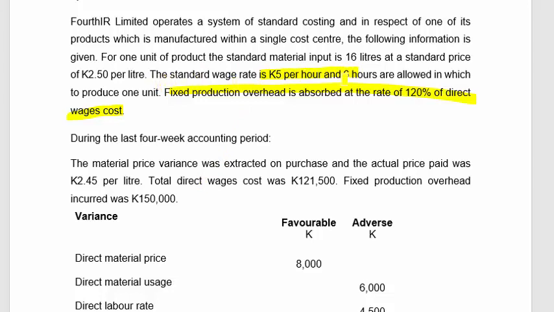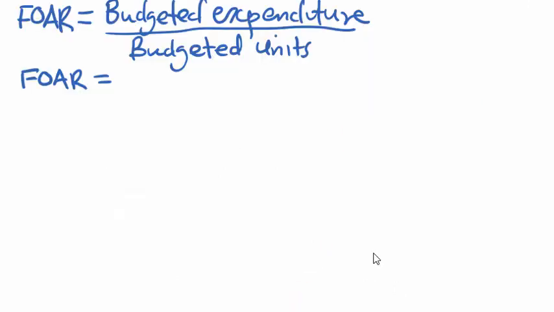So the wage cost per unit is given by 5 multiplied by 6, and then the fixed overhead absorption rate is given by 120% of that total. It would follow that the fixed overhead absorption rate is 5 multiplied by 6 multiplied by 120%.